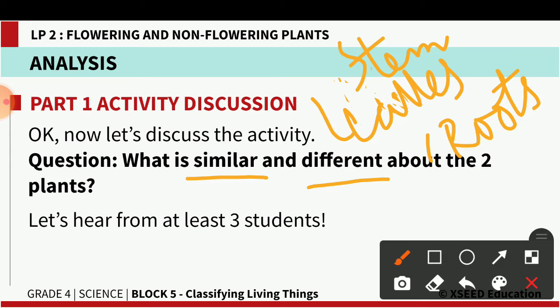Then what is the main difference that we will find? The main difference is that the rose is a flowering plant and the fern is a non-flowering plant. Similarities are the same as all other plants. They too have roots, stems and leaves. The main difference is that one plant, the rose plant, can produce flowers, whereas the fern cannot produce flowers.